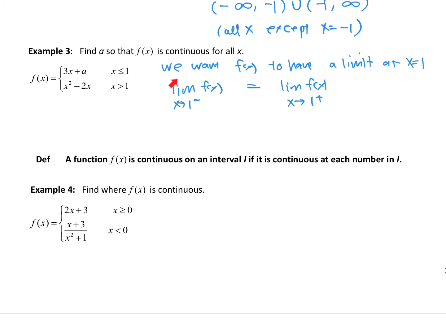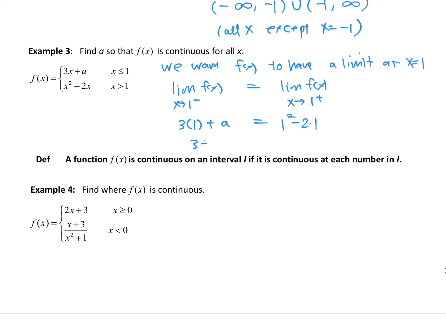So for the left limit, I'm looking at 3x plus a, so 3 times 1 plus a. And for the right limit, I'm looking at x squared minus 2x, with x approaching 1, so 1 squared minus 2 times 1.